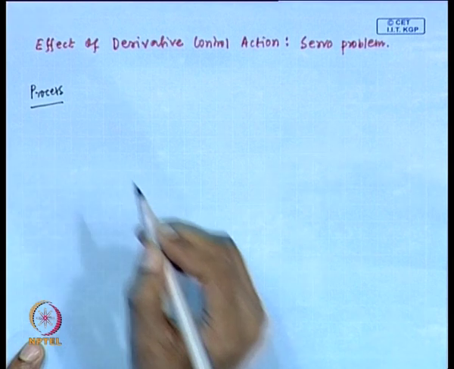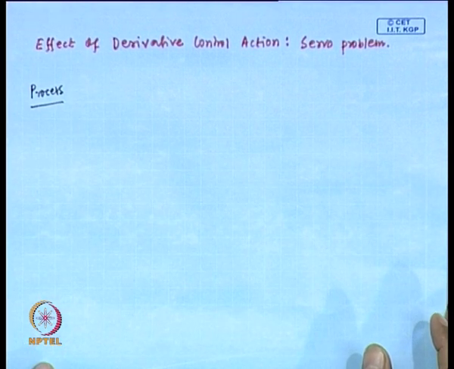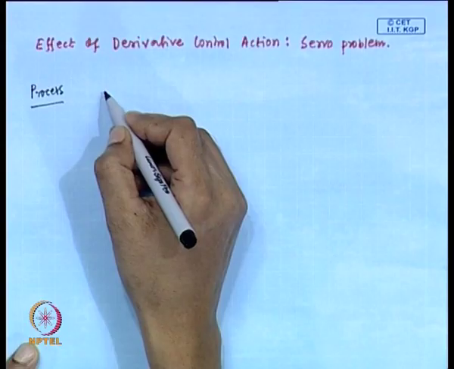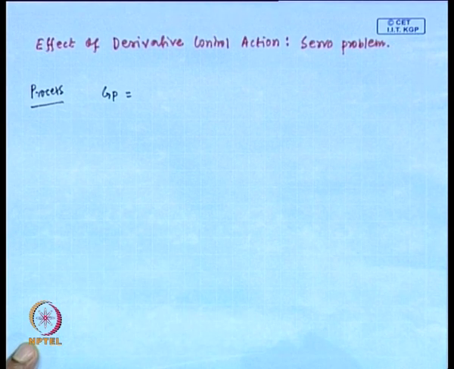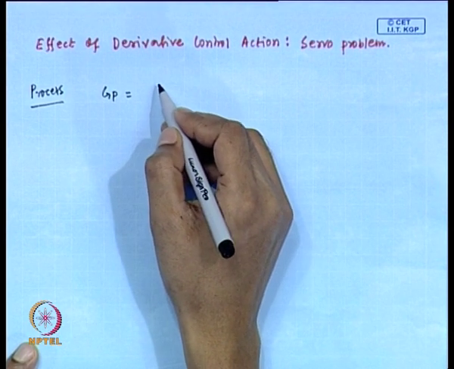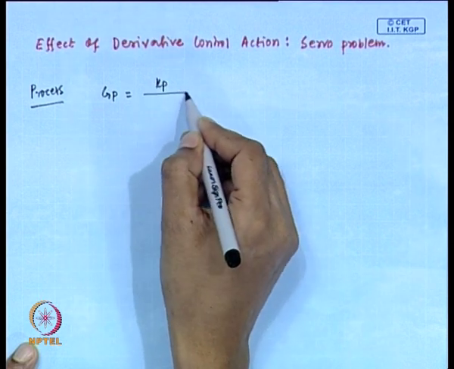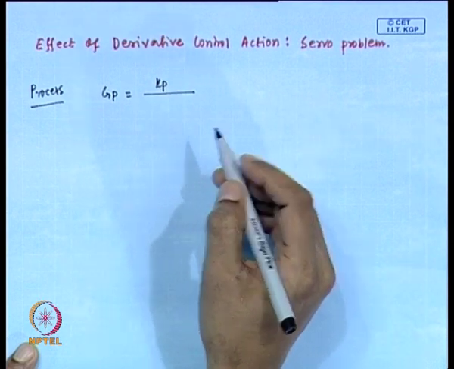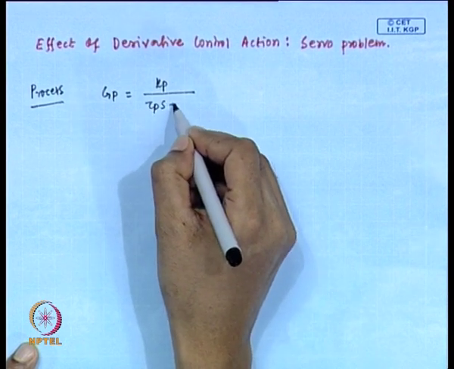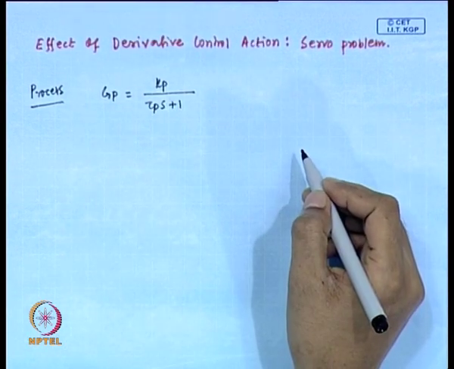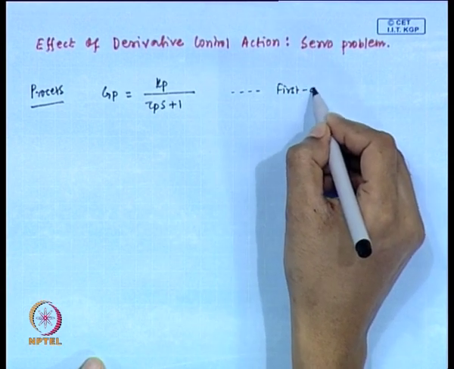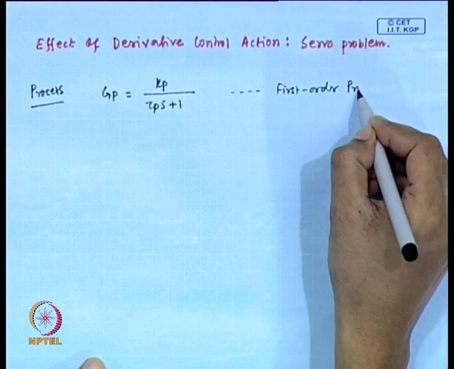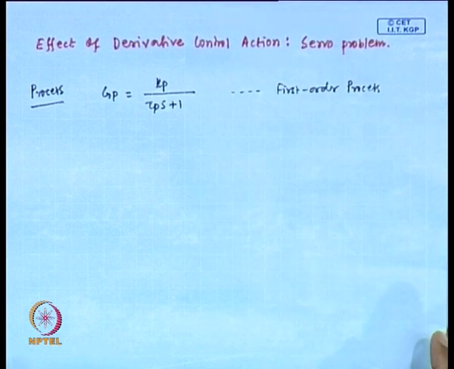So, in a closed loop block diagram, the important element is process. The transfer function of a first order process can be written as Gp equals Kp divided by tau p s plus 1. This is the transfer function of a first order process.